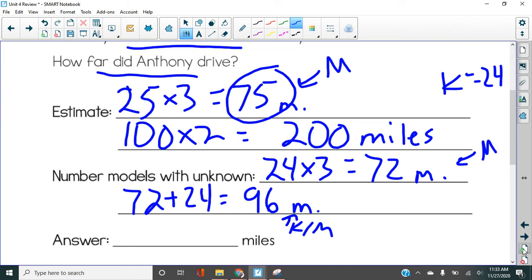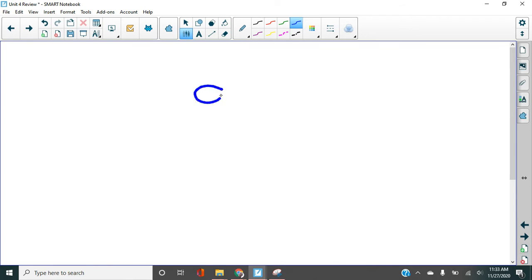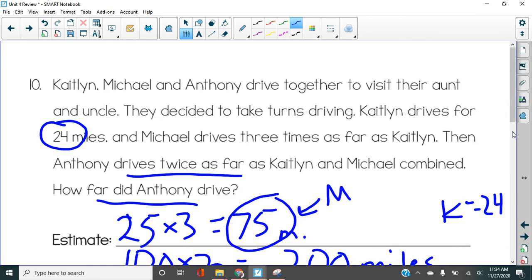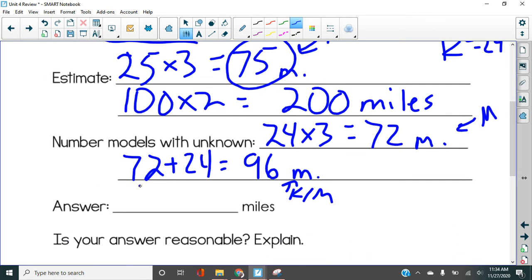We need to multiply 96 times 2. I'll let you do that. What is 96 times 2? 2 times 6 is 12. 2 times 90 is 180. What is that? 192. 192 miles. That is our final answer, because that is how far we have figured out that Anthony drove.